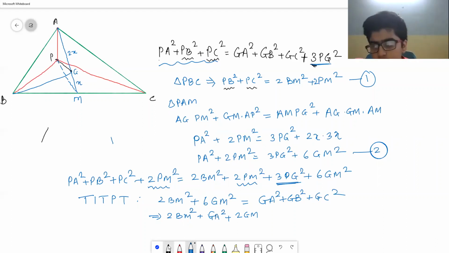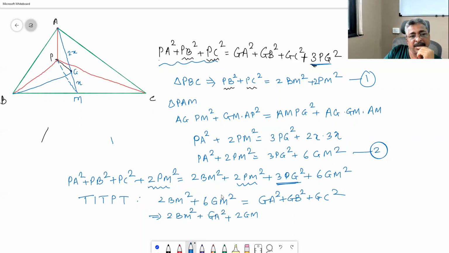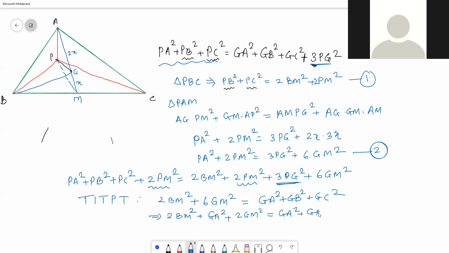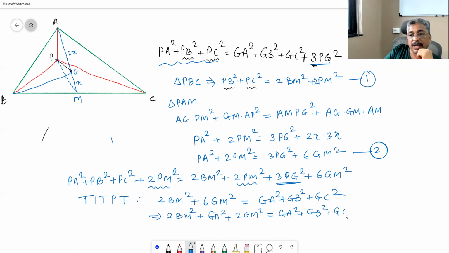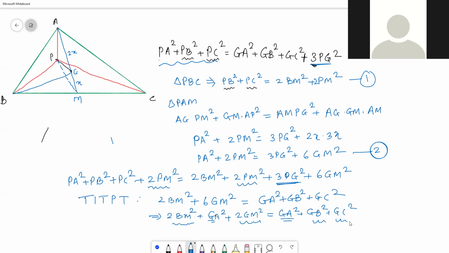Yes, sir. 4GM square is AG square and 2GM square remaining, which is equal to GA square plus GB square plus GC square. So GA square is gone, and I think this is Apollonius. Yes, this is Apollonius. Job done.